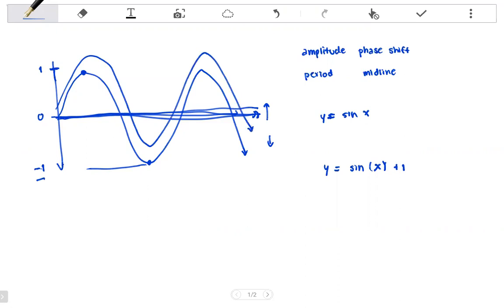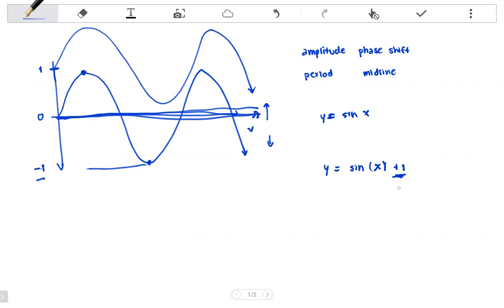So instead of the midline being 0, it's 1. This is really badly drawn, but if I add 1 here, the graph would go all the way up here. And the midline would be at 1.